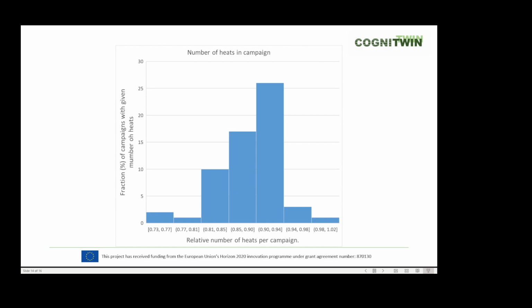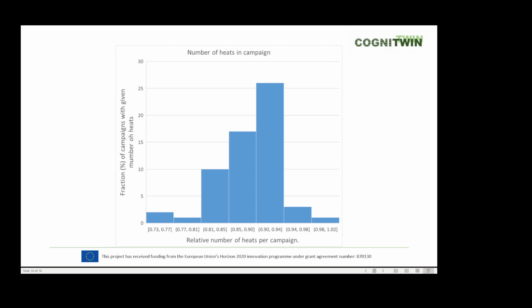So this shows a plot of the fractional campaigns that have different numbers of heats. So of course we should want to see a big consistent bar here with the high number of heats per campaign, but we see that there is quite some variation.